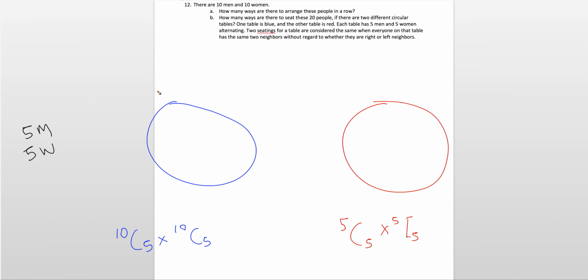For the 5 men to seat themselves around the blue table, let's fix one of the men, man 1, to be the reference point. Once man 1 sits, there are going to be 9 other positions.